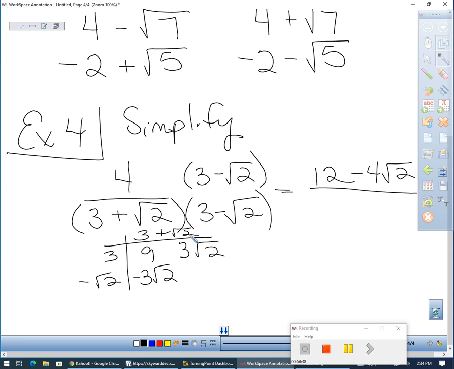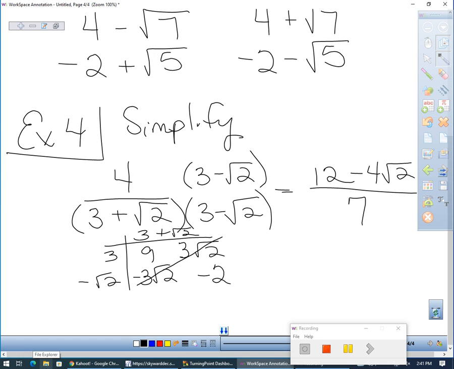How about negative square root 2 times positive square root 2? It is negative 2. It's negative square root 4, which is negative 2. All right. So what do you notice about this diagonal? The diagonal with the radicals in it. They cancel, and they should cancel every time. That's the idea of using the conjugate, right? So then we just have 9 plus negative 2, or 7. And that's our final answer.